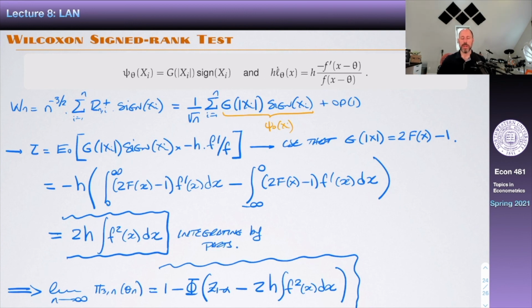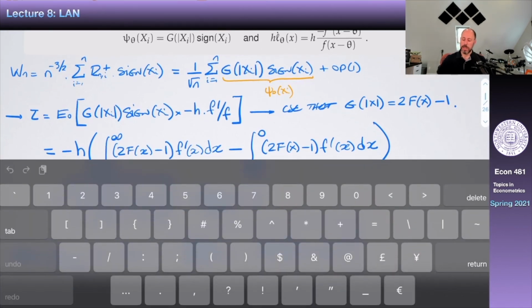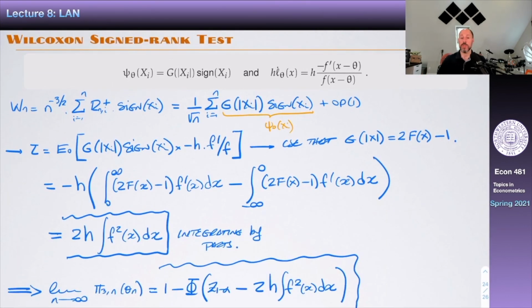When people hear terms that they are not familiar with, immediately the tendency is to believe that there are strong assumptions, when in reality, differentiability in quadratic mean, as we showed, is milder than assuming that the densities have 3 or 4 bounded derivatives that are continuous and smooth and so on. But people are used to that. So if you say, oh, I have a function that has 3 bounded derivatives, people say, oh, fine.